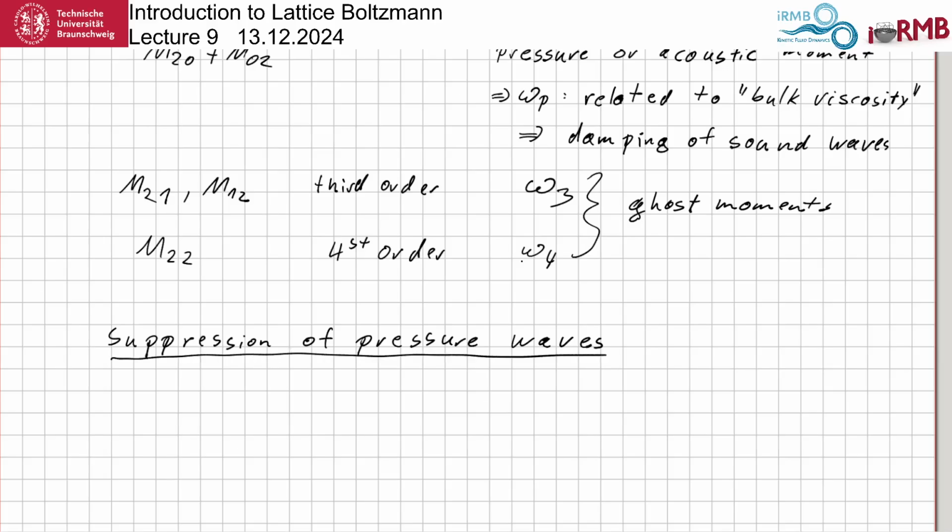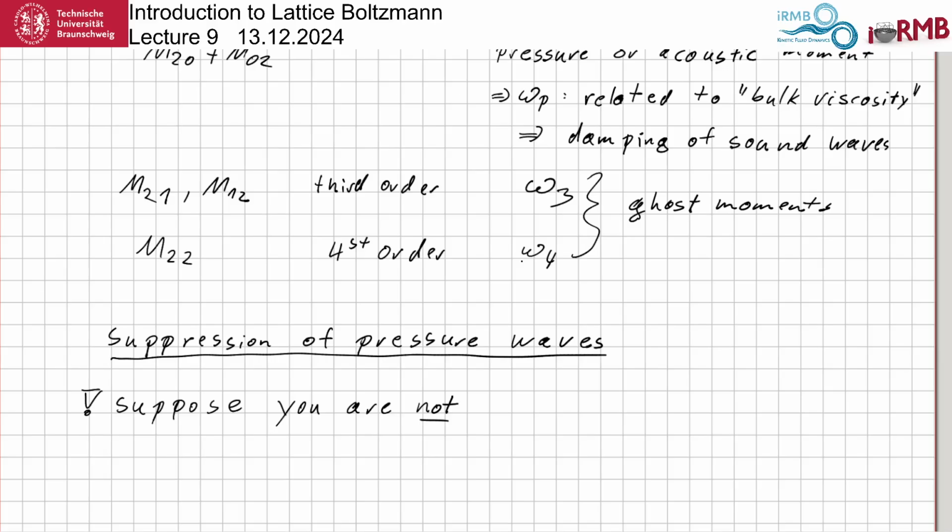Yeah, you could have the idea that you want to suppress pressure waves. So the reason why some people don't like these multiple relaxation time approaches is that in science, it's a bad business where you have your own idea and then you always have to say the idea of the other guy is a bad idea, which I obviously do myself, as you have noticed in this lecture.